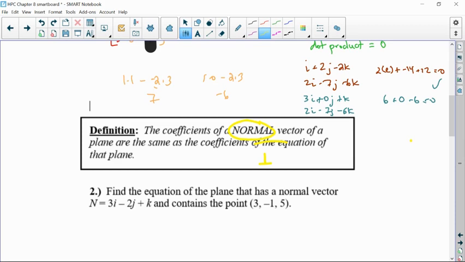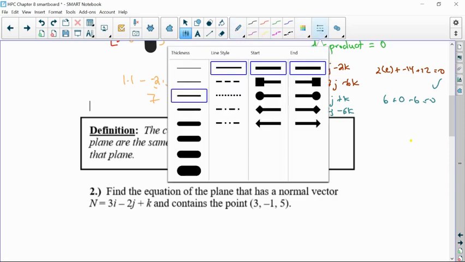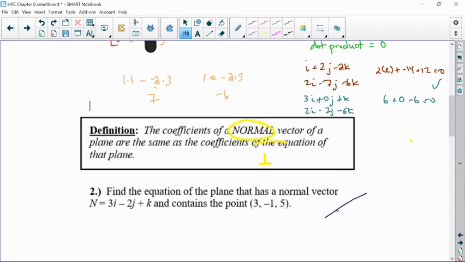So if I try to represent this idea of a plane, like a three-dimensional surface, right? Here's a plane, and if I have a vector that's perpendicular to that plane, it's coming either straight off the page, or it could also be going straight down the page. But that's what's called a normal vector.